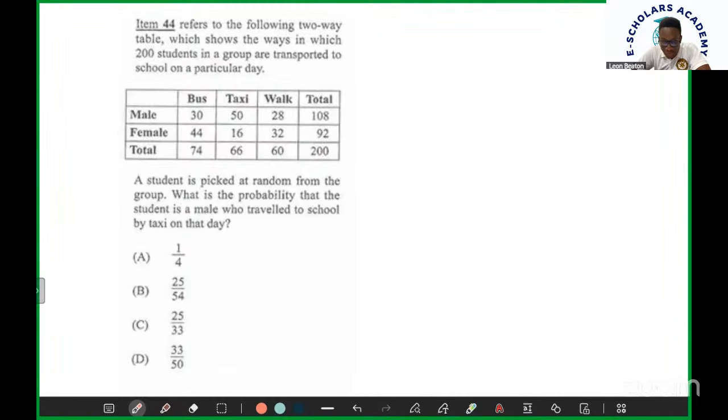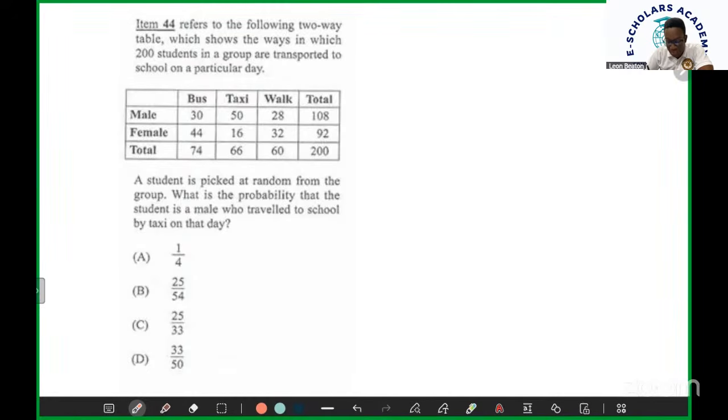So item 44 refers to the following two-way table, which shows the ways in which 200 students in a group are transported to school on a particular day. I'm reading the chat and reading the question. All right, so this is a two-way table, and you gotta be careful when you're reading this table.